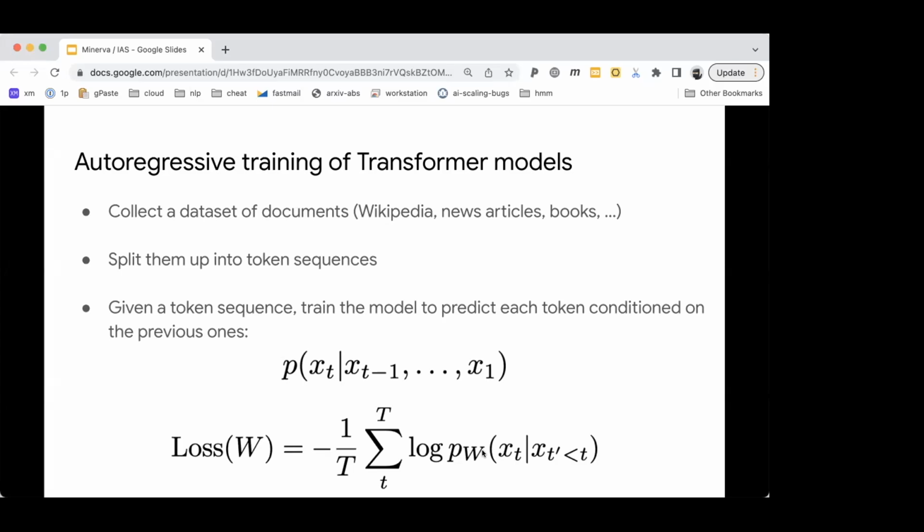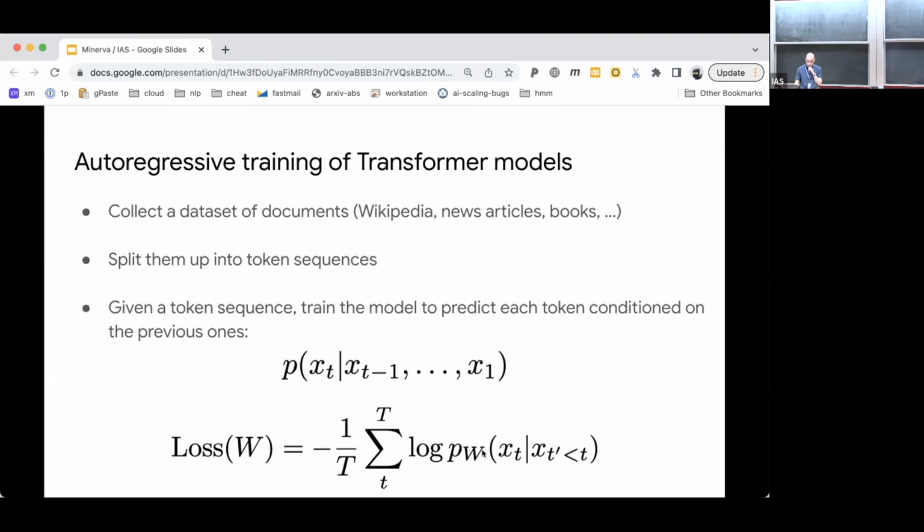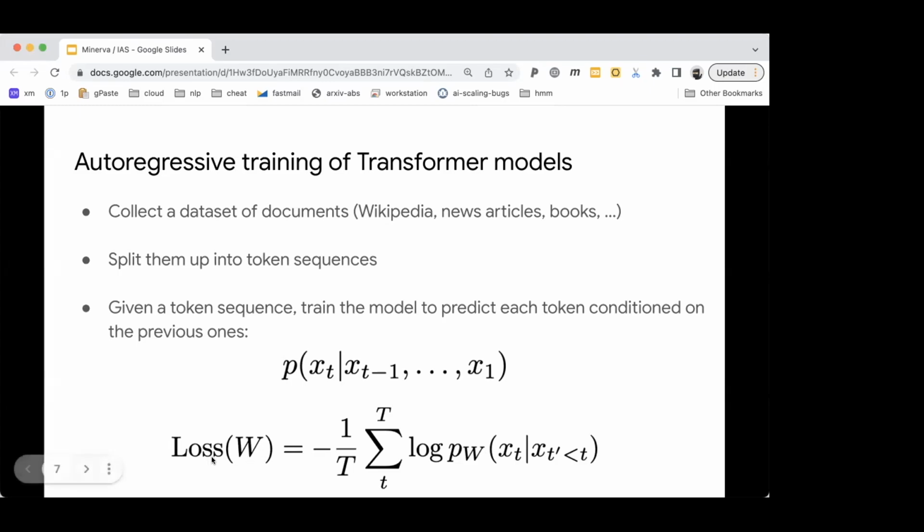My question is, what does the W depend on, and how are the P's distinguished from one P_W to another P_W? What distinguishes them?